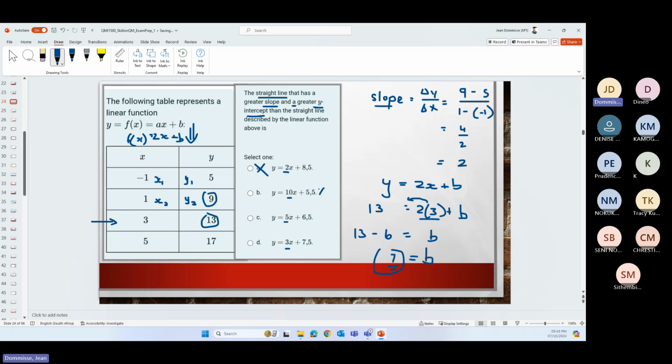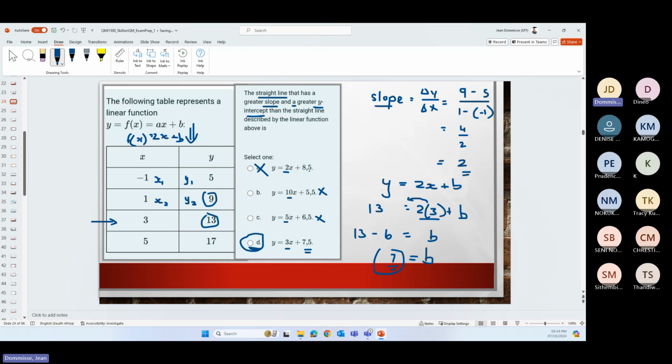That is not bigger than 7. That is not bigger than 7. So the only one that is bigger than the slope of 2 and bigger than the y-intercept is 3, which is bigger than 2, and 7.5, which is bigger than 7. So the only possible one is option D.